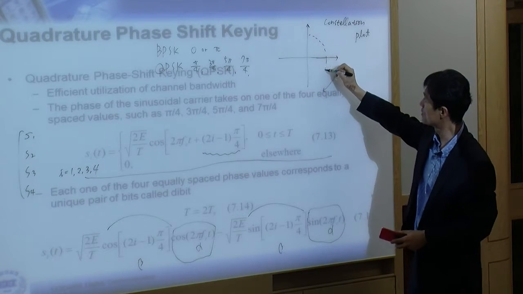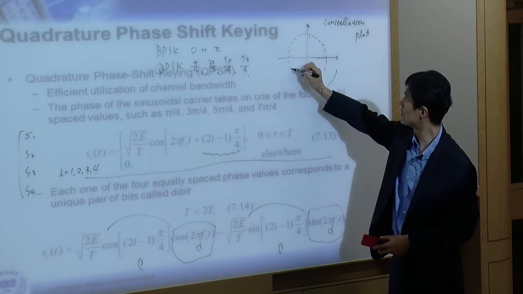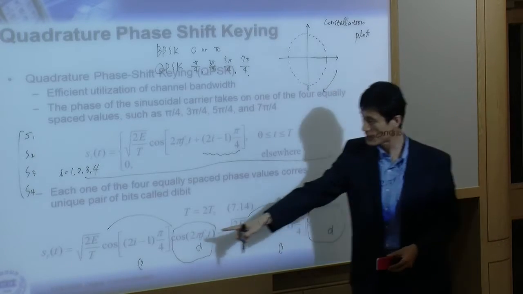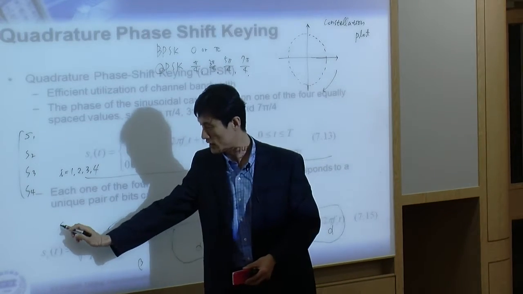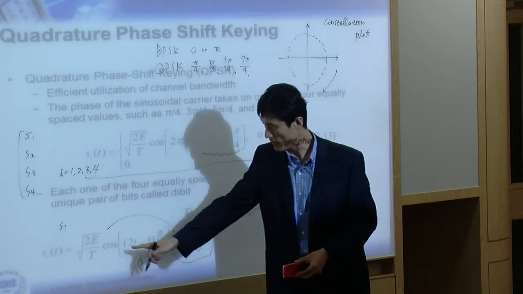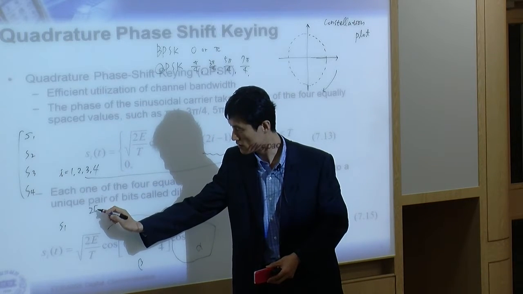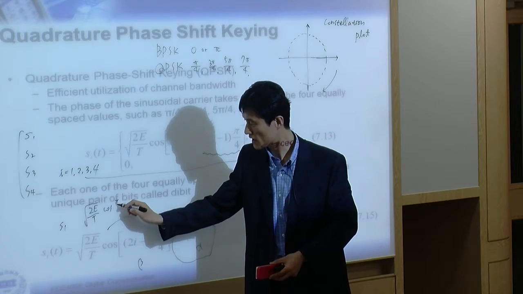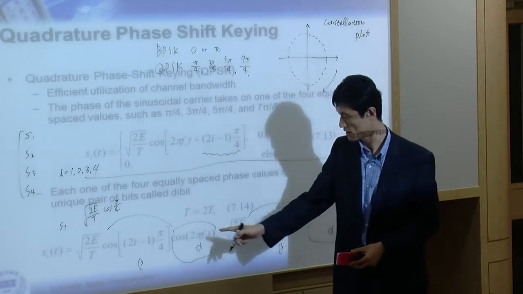So we have unit circle. And S1, let's take a look at the S1. S1, you have a positive root 2E divided by T cosine pi over 4. That's a cosine term.